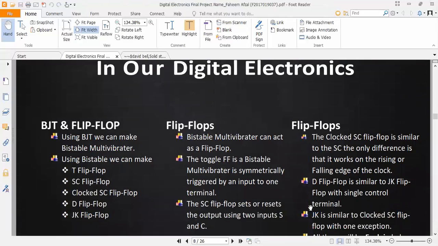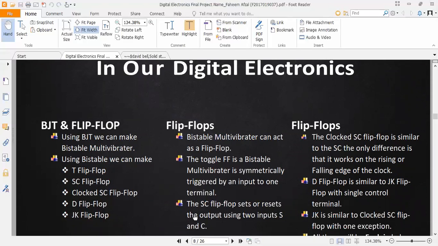In our digital electronics course, we have studied these flip-flops. Using BJT, we can make a bistable multivibrator, and a bistable multivibrator can act as a flip-flop. Using a bistable, we can make a T flip-flop. What is a T flip-flop? The T, toggle flip-flop, is a bistable multivibrator symmetrically triggered by an input to one terminal.